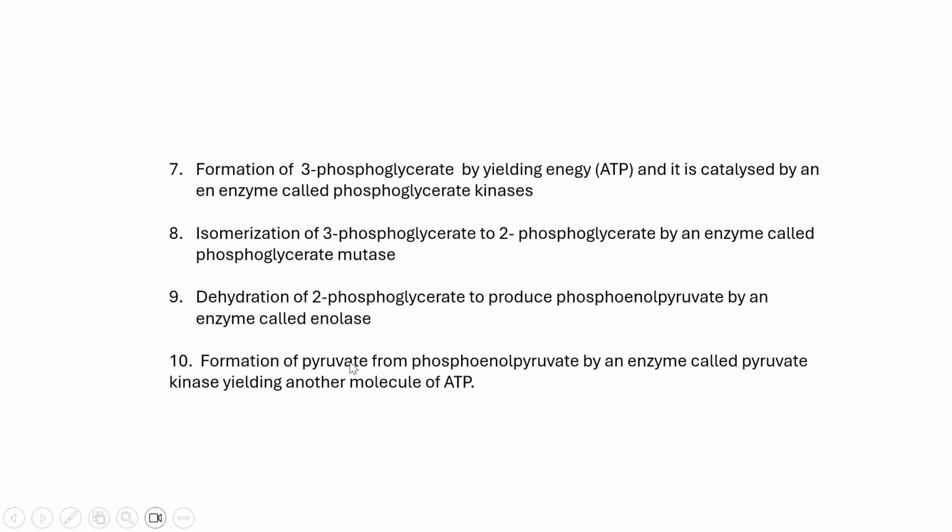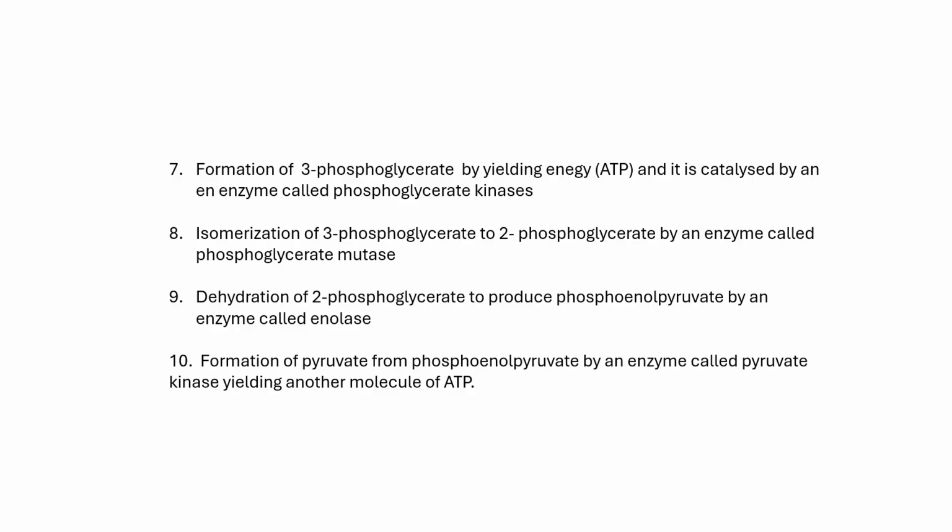Alright, so let's come to step 7. Step 7 is the formation of 3-phosphoglycerate by yielding energy, specifically ATP. And this is catalyzed by the enzyme called phosphoglycerate kinase.